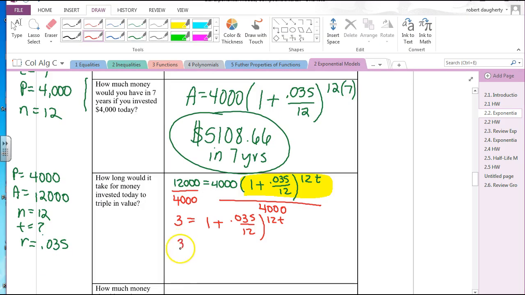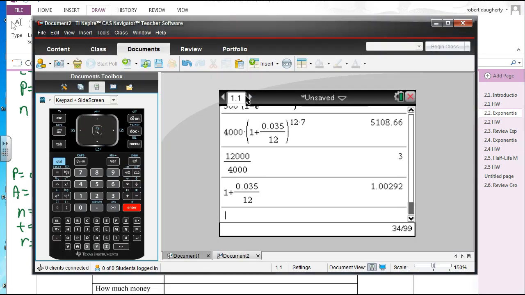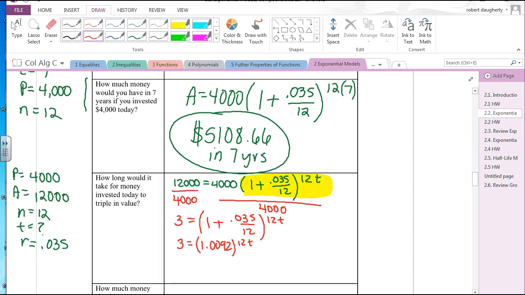So 3 is equal to 1.00292 raised to the 12t. Okay, now, do I have an exponential term isolated all by itself? I do. Okay, I wrote that down wrong, didn't I? It's 1.00292.